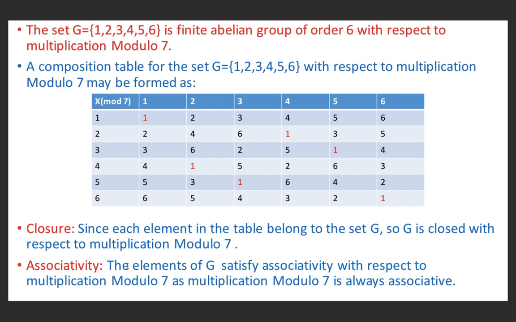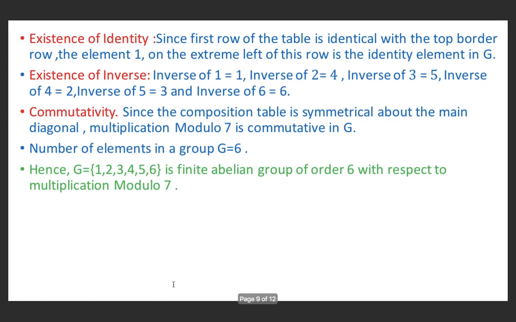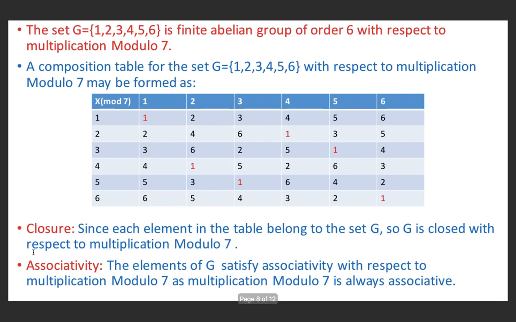For associativity, the elements of G satisfy associativity with respect to multiplication modulo 7, as multiplication modulo 7 is always associative. Since the first row of the table is identical with the top border row, the element 1 on the extreme left side of this row is the identity element in G.